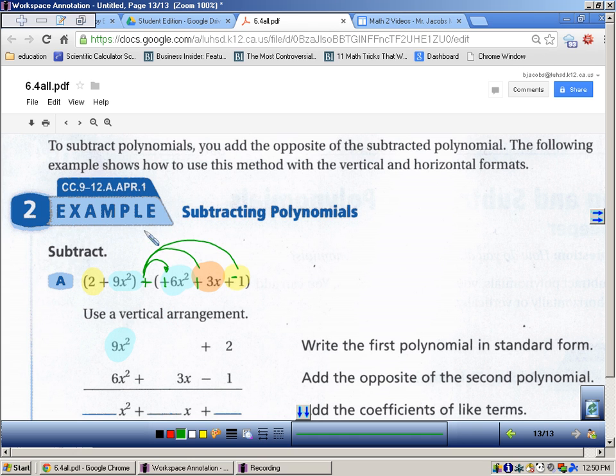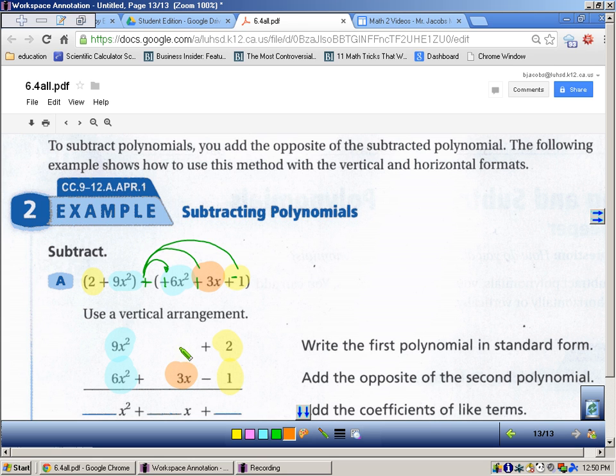And with that said, 9x squared matches up with positive 6x squared. And positive 2 corresponds with negative 1, or subtract 1. And positive 3x is here.